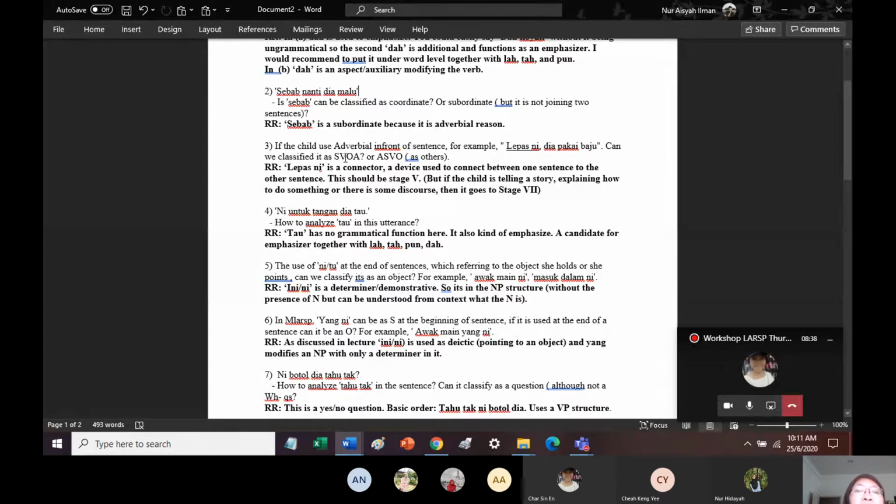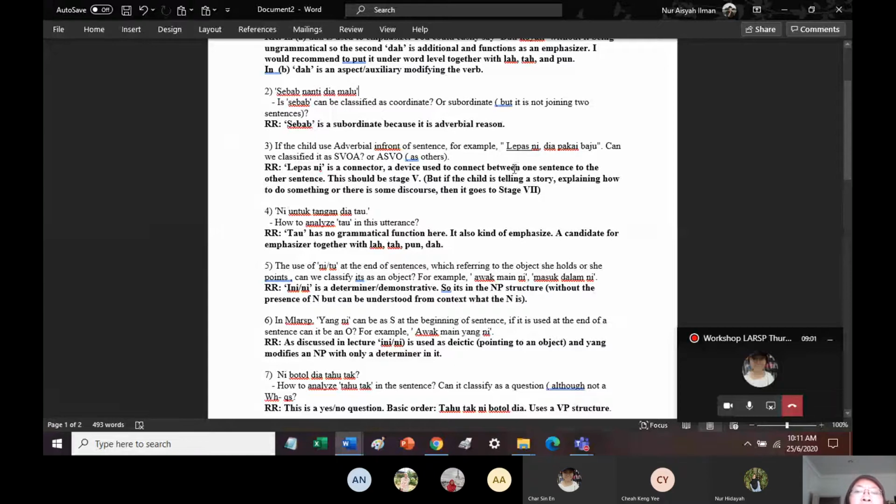And then if the child uses an adverbial in front of the sentence, for example, "lepas ni dia pakai baju", can we classify it as SVOA or ASVO? To me, "lepas ni" is a connector. It connects one sentence to the other, for example giving instruction or describing a sequence picture.